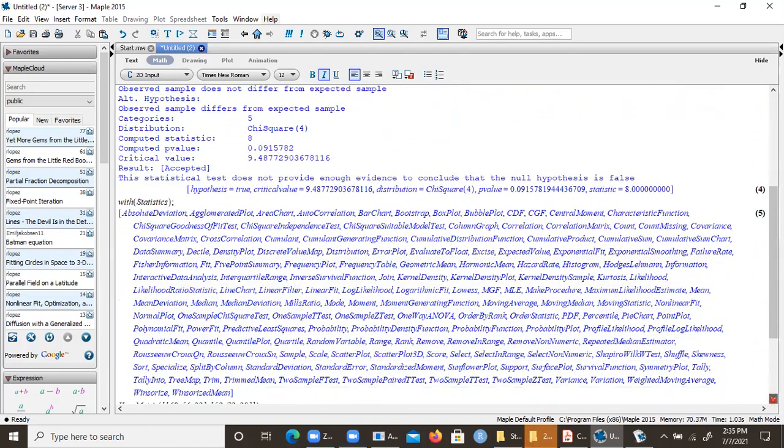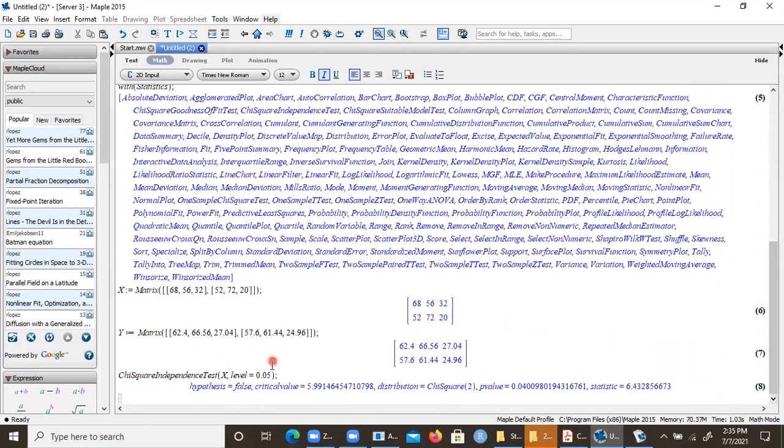And one more thing, that suppose here they have chosen the level of significance to be 0.05. If I change the level of significance to 0.01, definitely the null hypothesis is going to be accepted over here. So if I consider the level of significance to be 0.01, the null hypothesis is going to be accepted because 0.01 is lesser than the p-value, and 0.05 is greater than the p-value.